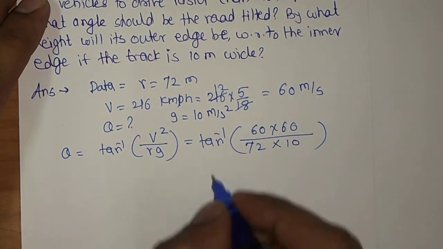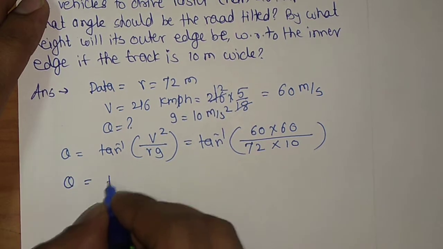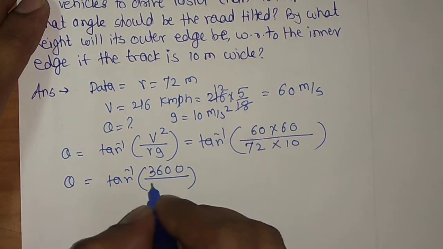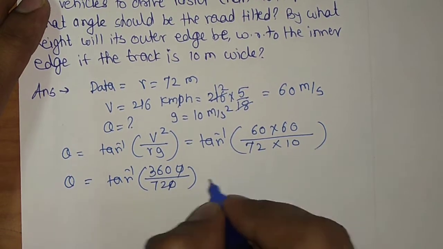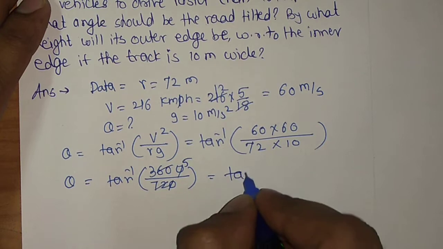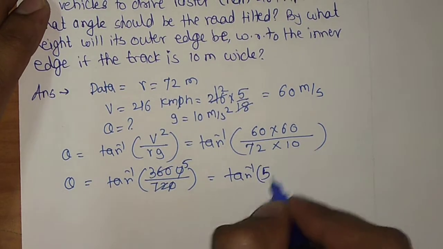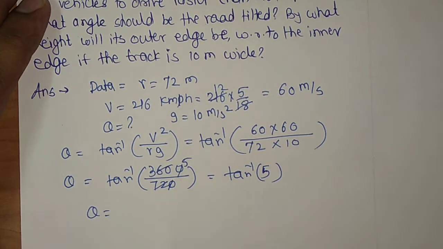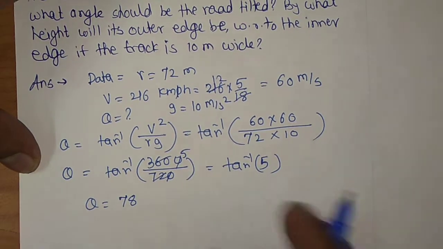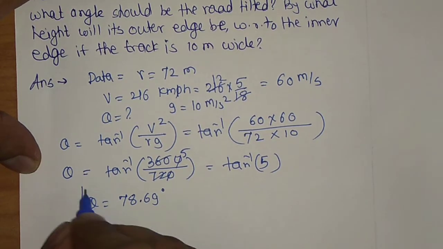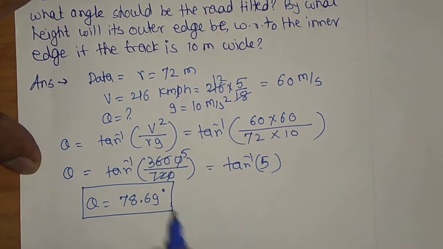So this will become 10. So your theta equals tan inverse of 3600 divided by 720. So finally tan inverse of 5, so that will give me 78.69 degrees. Okay, this is the first.